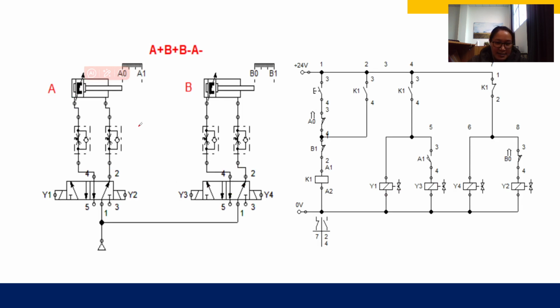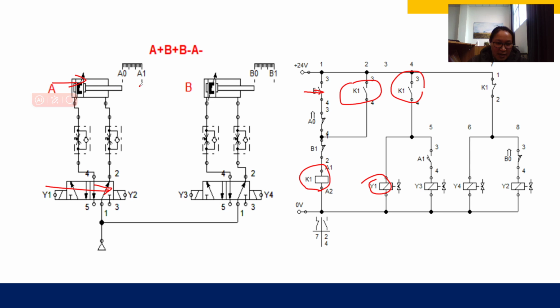Now, let's see the simulation on FluidSIM and the electric control. After we push the push button, we can see that K1 will get power and Y1 will work. That means the valve will move like this, and the piston A will move from A0 to A1.